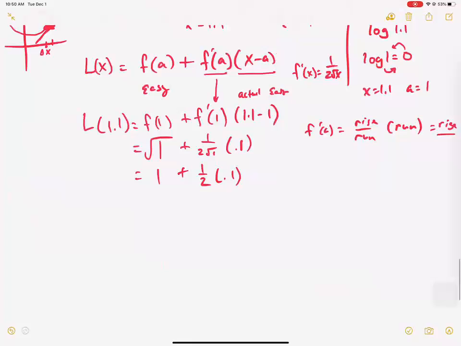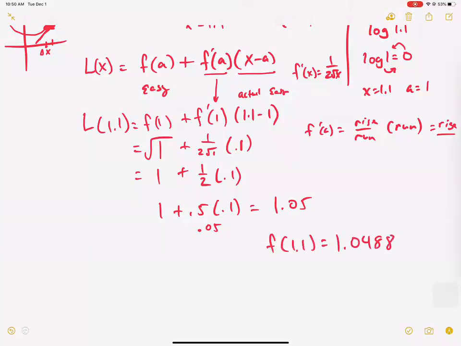In this case, 1 over 2 is 0.5. 0.5 times 0.1 is 0.05. So the approximation is 1.05. Now I'm going to take my calculator here to see how close we are. The square root of 1.1 is the actual value. F at 1.1 is, drum roll please, 1.488.